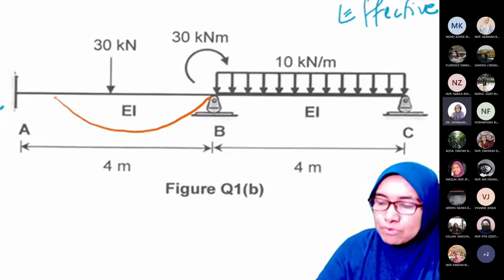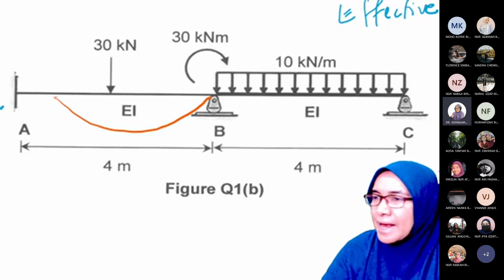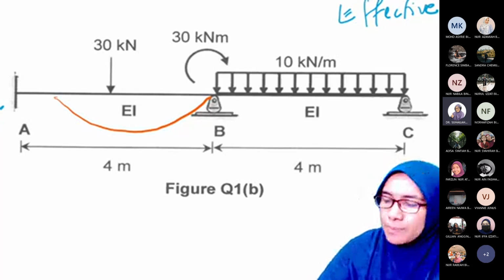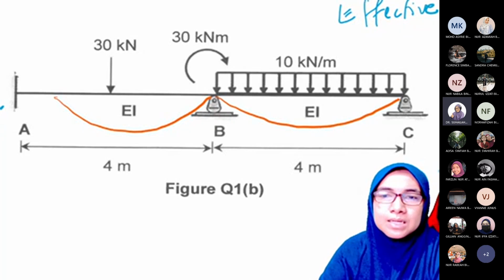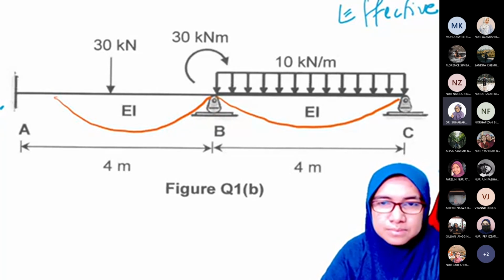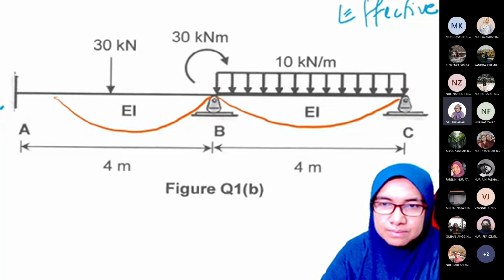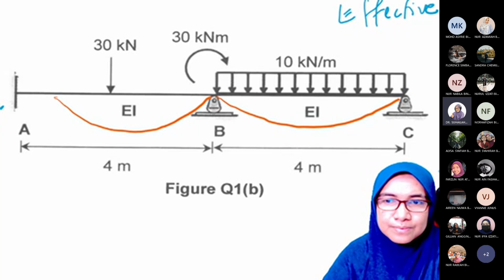And between B and C, dia punya deflection, length of deflection tu, effective length, berapa? 1 lah kan? 1. Is it right? Betul tak 1? Between roller and roller?